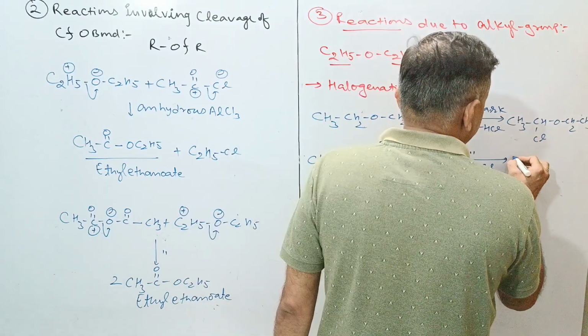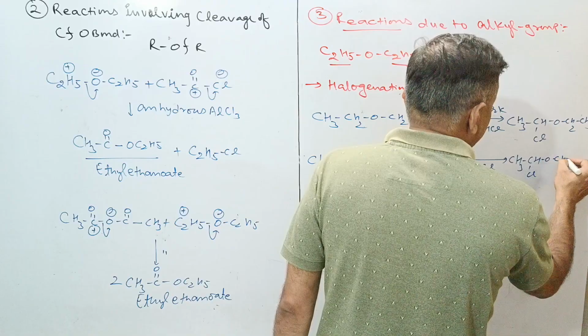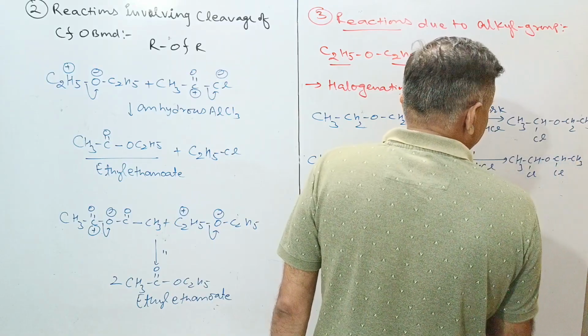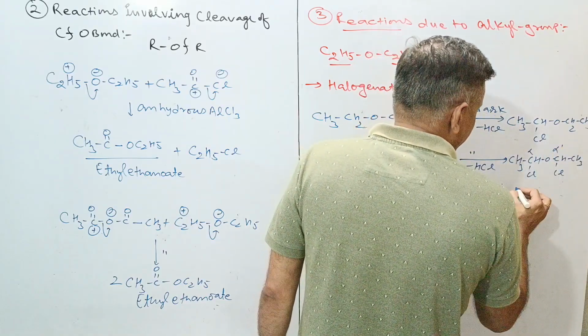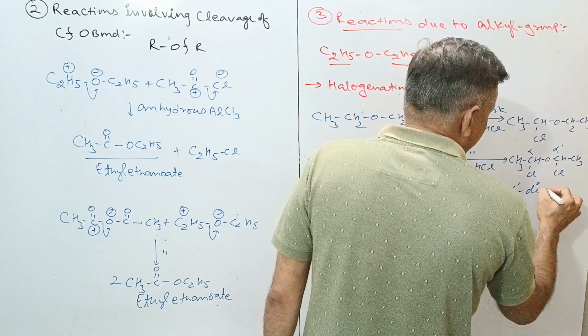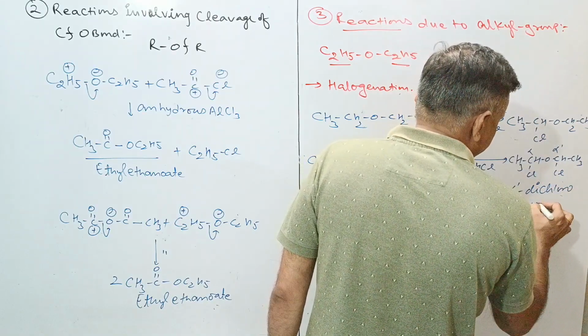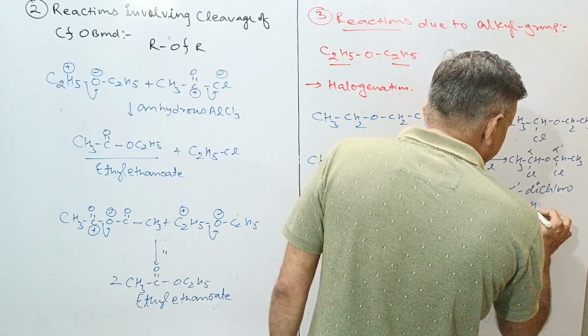Here will be formation of CH3CHClOCHClCH3. This carbon is alpha, this is alpha dash. So alpha, alpha dash dichloro diethyl ether.